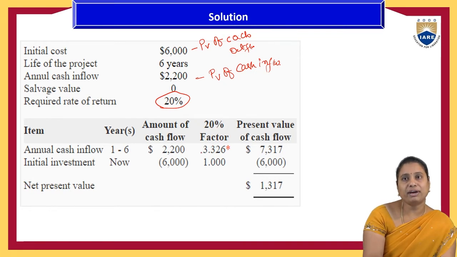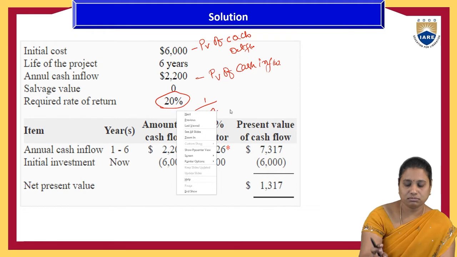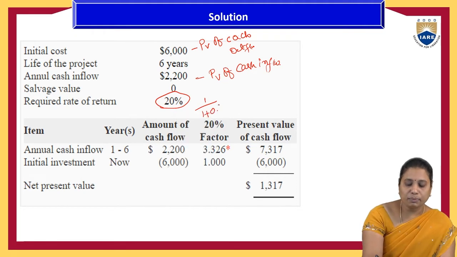The 20% present value factor is calculated by 1 divided by (1 plus 0.2) whole to the power of 6.